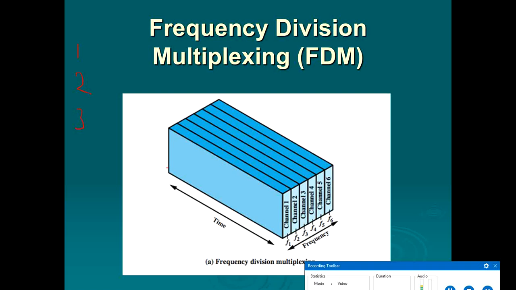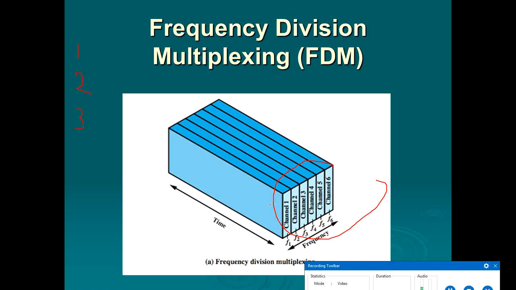In this diagram, a general case of frequency division multiplexing is shown. If you can see over here, there are 6 signal sources from 6 different senders. They are sent to the multiplexer, and the multiplexer modulates each signal on a different frequency.